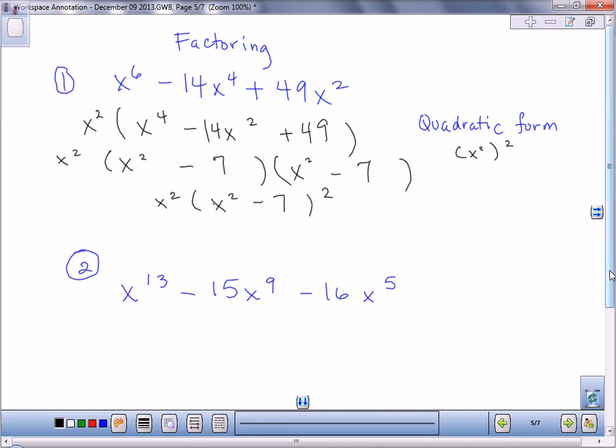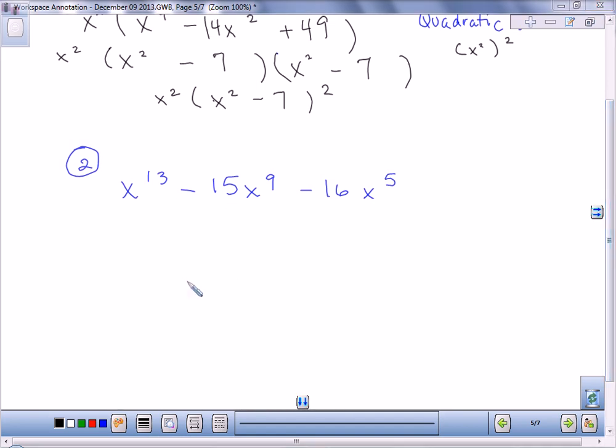Okay, now example 2 doesn't look like a quadratic or quadratic form. But I do see, right off the bat, a greatest common factor. Which is what? X to the 5th. X to the 5th. Let's take it out. Okay, what does that leave me with?